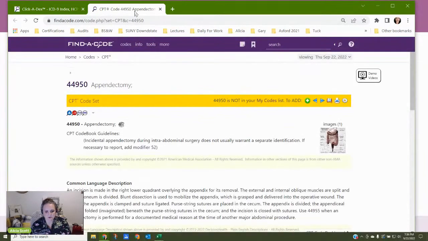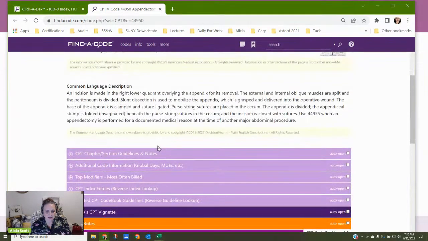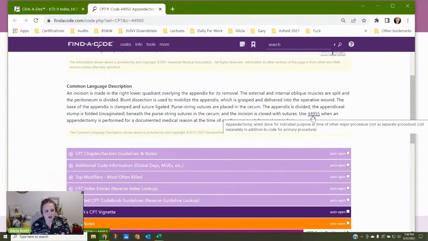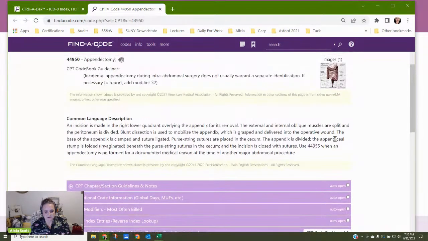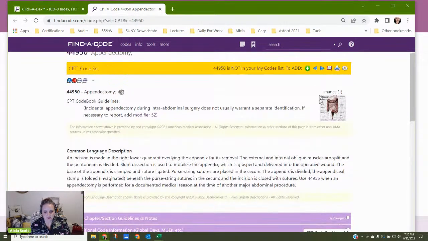because I can jump through the codes with the arrows. So here's just a plain appendectomy. It gives me the information and it says, oh, by the way, use 44955 when the appendectomy is performed for a documented medical reason at the time of another major abdominal surgery, which could be gallbladder. That's what pops into my head.